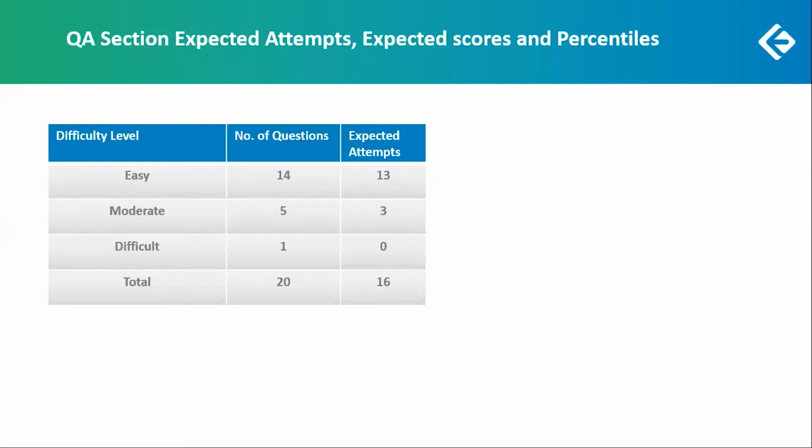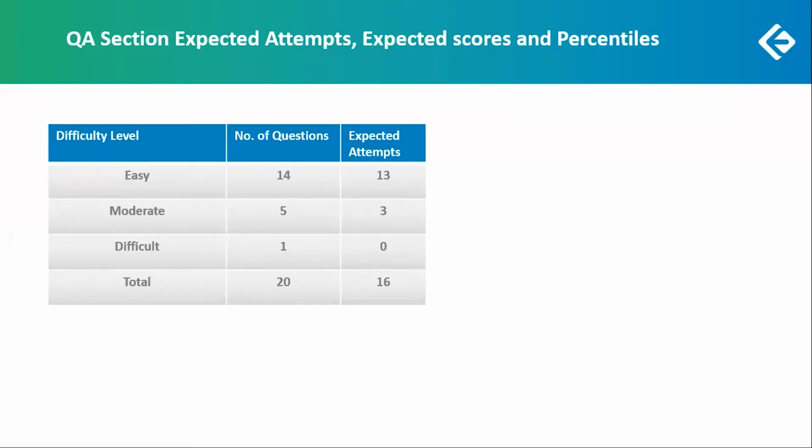After that, out of 5 moderate level questions, I could say that you could have solved around 50% of them, which comes to 3, and the difficult question would have been avoided. So all in all, in my opinion, out of 20 questions, a well prepared student should have solved 16 questions.